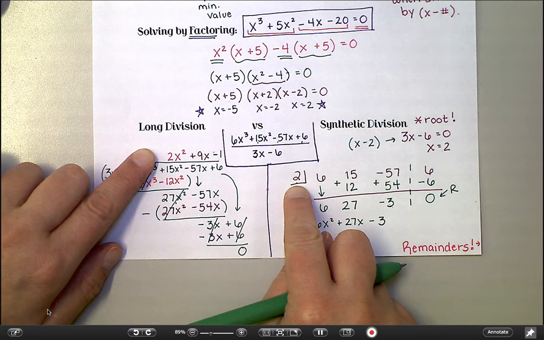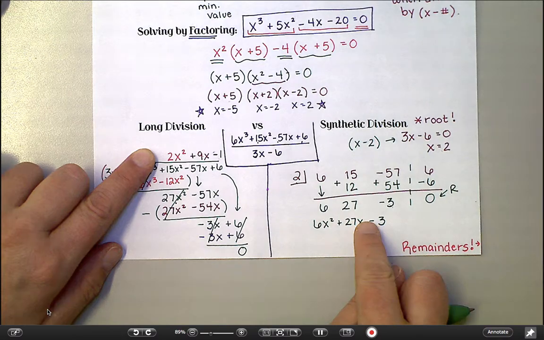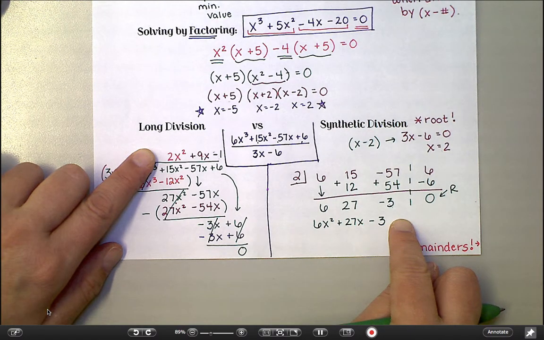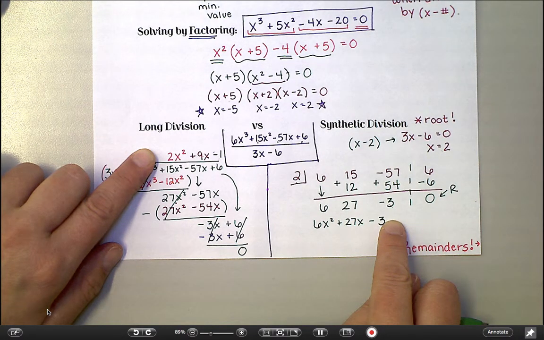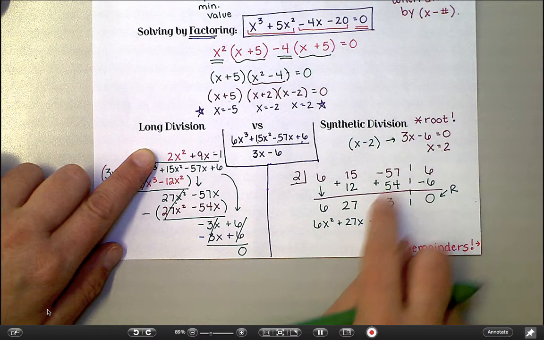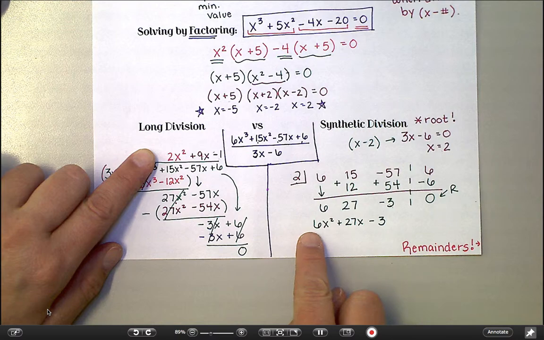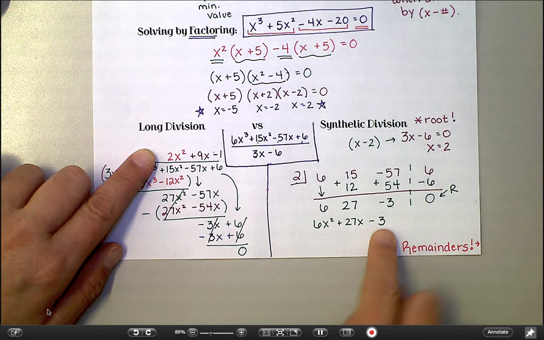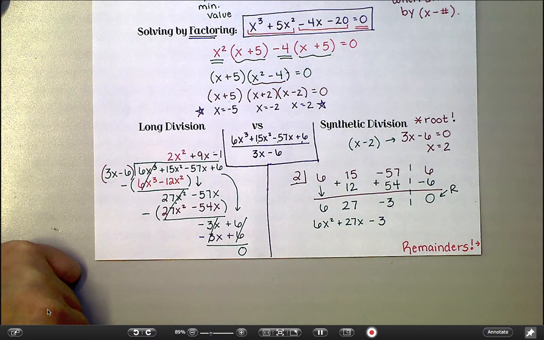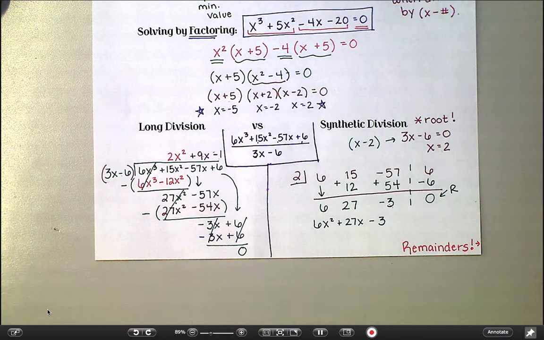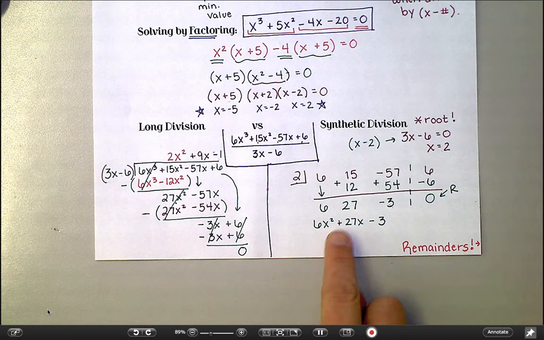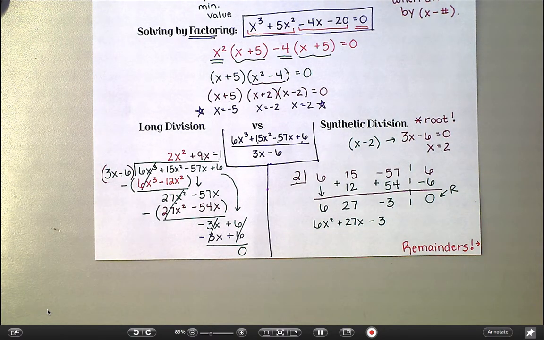Well, that 3 has to go somewhere, so that 3 ended up down here in our answer. So you would have to be careful with something like this, that you recognize that by making this a root of 2, you're putting an extra factor of 3 into your answer here. Really, I probably should have just chosen a different example, but I wanted you to see how that works. So, synthetic division, long division.